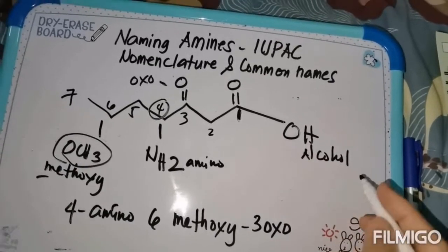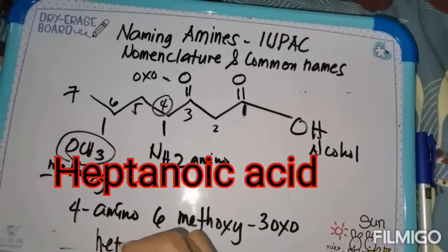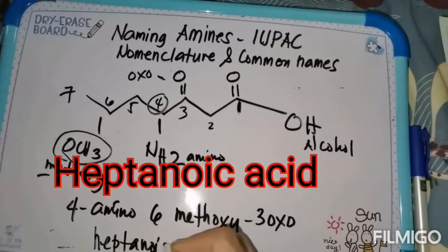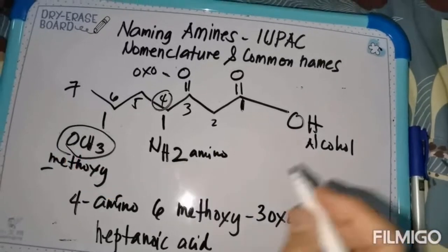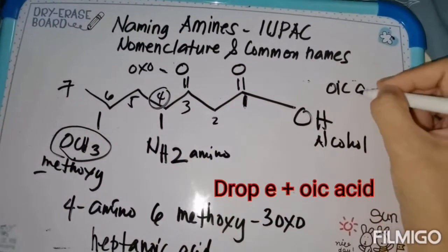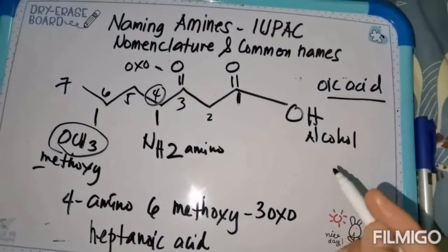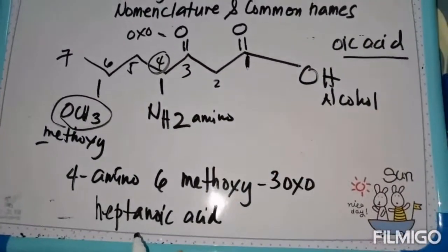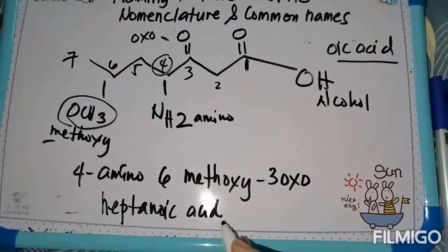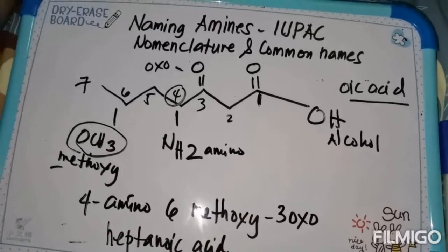And the long chain will be heptanoic acid. Heptanoic acid. We drop the E and change it to OIC acid because this functional group is considered to be a carboxylic acid. Okay, so we have heptanoic acid. We drop the E and change to OIC acid.